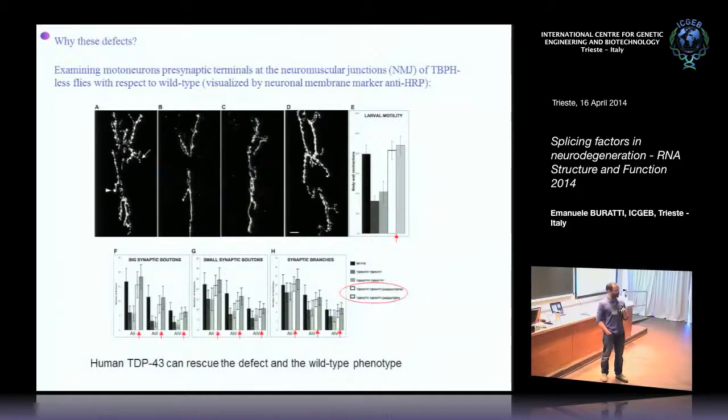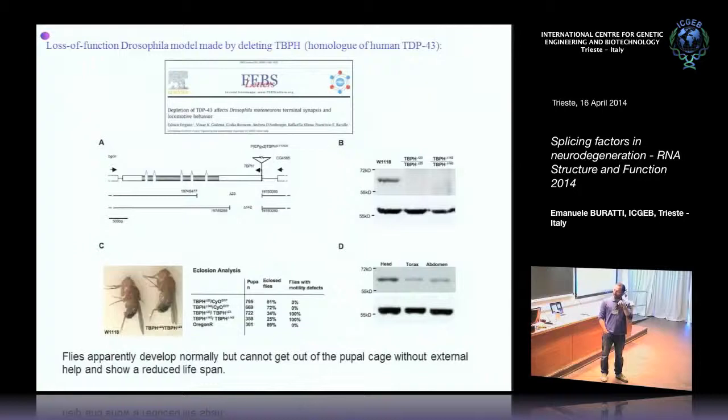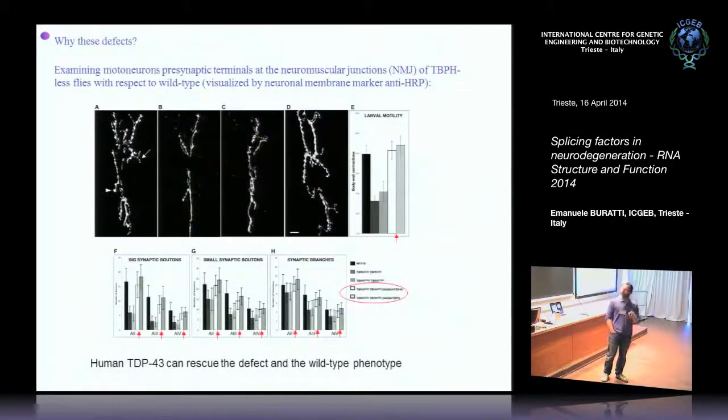So these flies, although from the point of view of the phenotype they were not so different from the wild type, had very severe locomotory problems. And the reason was basically their neuromuscular junctions. You can see here the wild-type fly, right?